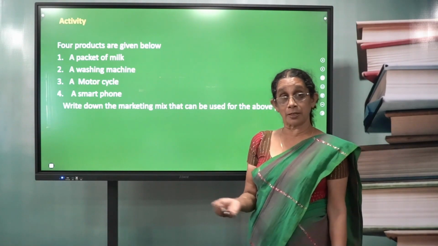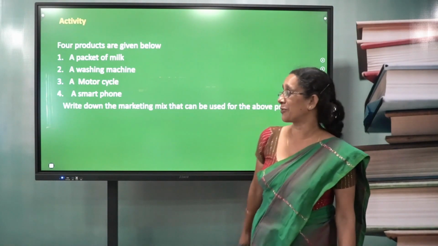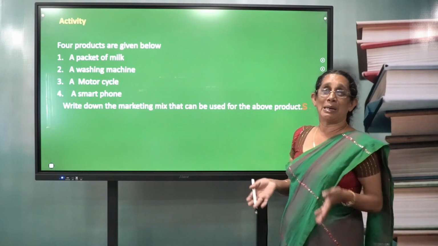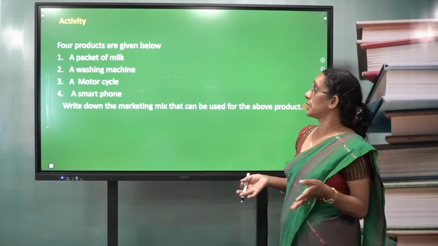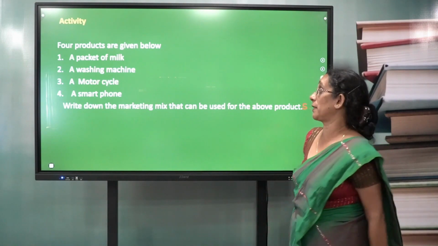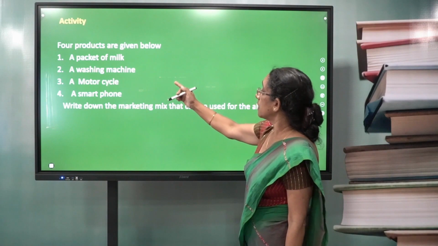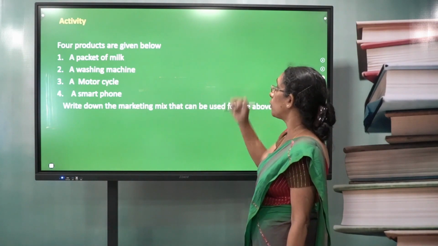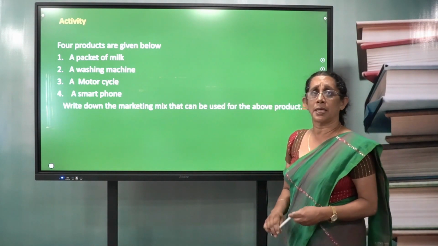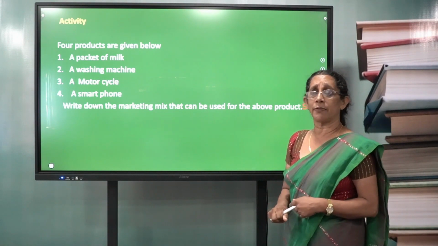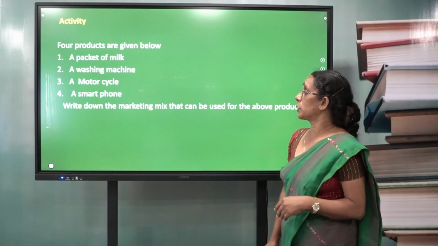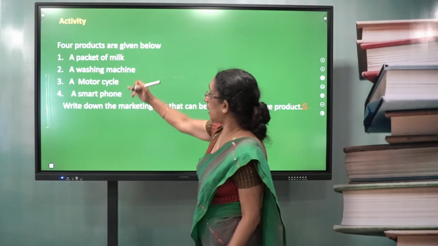Are they available at every retail shop? No, you can't buy those things from retail shops. For washing machines, there can be agents. Through agents you can buy them. Then that is product, price, place, promotion. Promotion, of course, advertising you can use, even personal selling, yes, you can use. Let's see the other two also.